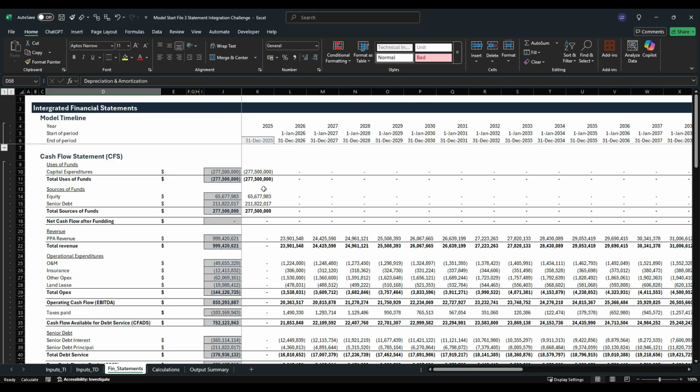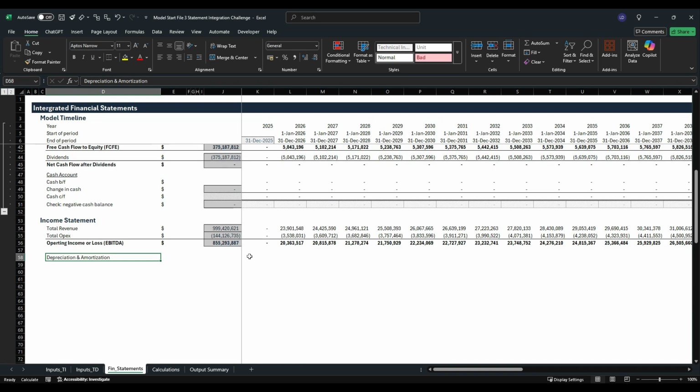So what we do instead is we depreciate that expense over a given period. In our case, it's 20 years, to lower your overall tax bill in a given period. So that's why after EBITDA, which is earnings before interest, tax, depreciation, and amortization, we first subtract depreciation and amortization.